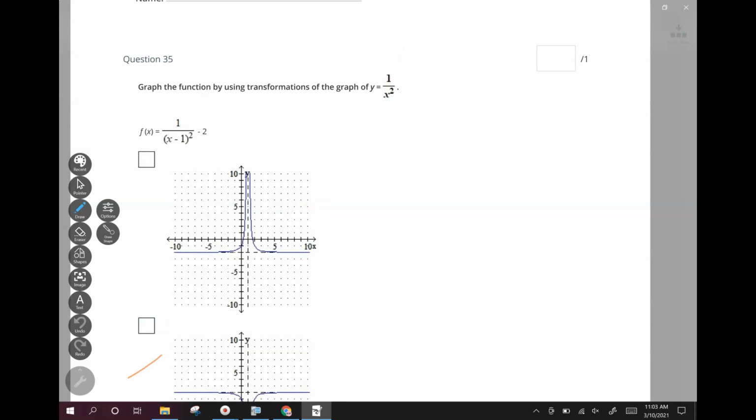All right, number 35. So think about your transformations. You can do this multiple ways, but with my transformations, this is telling me it's going to shift to the right 1, and then this minus 2 makes it go down 2, so right 1, down 2. That tells me that my vertical asymptote is going to be at 1.